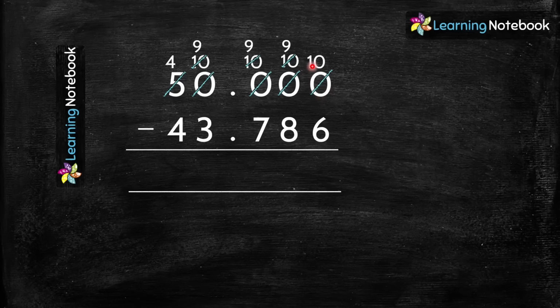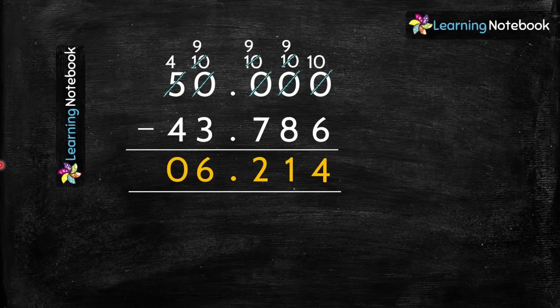Now we can subtract: 10 minus 6 equals 4. Then 9 minus 8 equals 1. 9 minus 7 equals 2. Now let's put a decimal point in the answer. Then we will subtract the whole number part. 9 minus 3 equals 6, and 4 minus 4 equals 0.